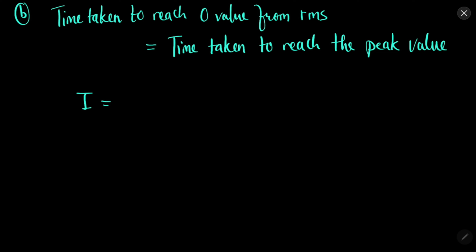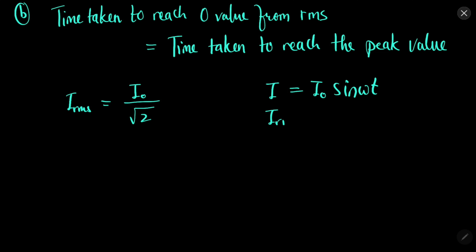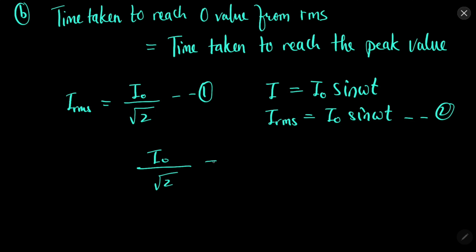So we know that RMS value is I naught over root 2, and also I is I naught sine omega t, or IRMS for this part I naught sine omega t. So by these two equations we will have I naught over root 2 equal to I naught sine omega t.